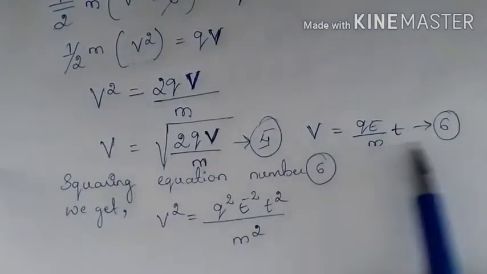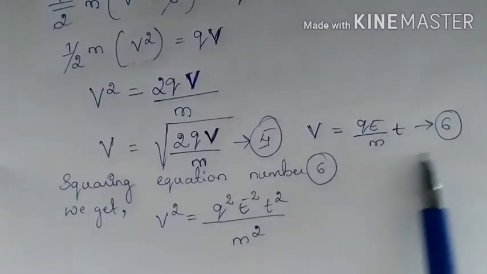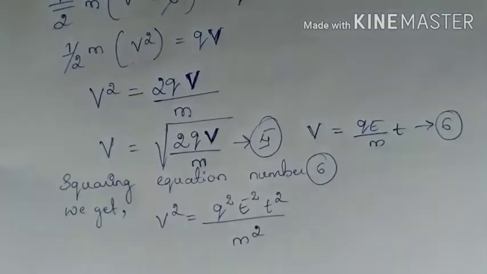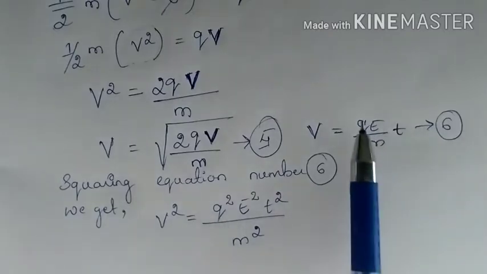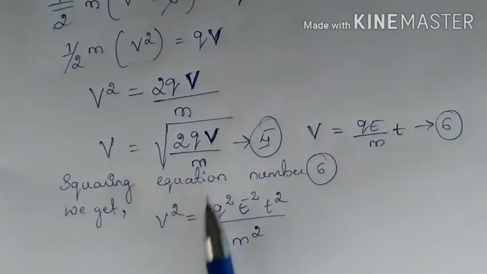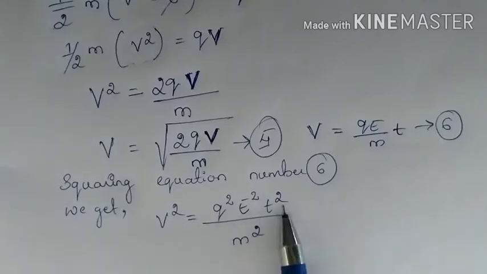We understood this equation in the last class, so I have written it directly. In the last class we got the velocity of a particle kept in a uniform electric field as qE by m into t. The initial velocity we took as 0 in this case as well. So if you square equation number 6, you get v square is equal to q square E square t square divided by m square.